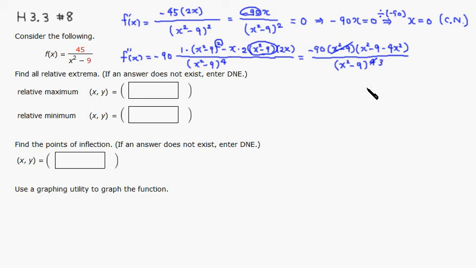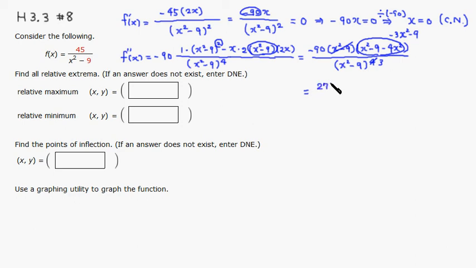Then you can see that if you combine them together, you're going to get negative 3x squared minus 9. So we can pull out negative 3 from there. Negative times negative is positive, and 3 times 90 is 270.